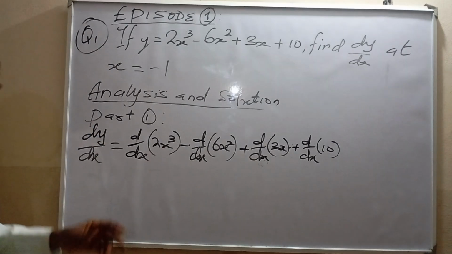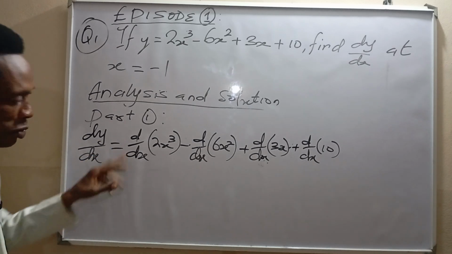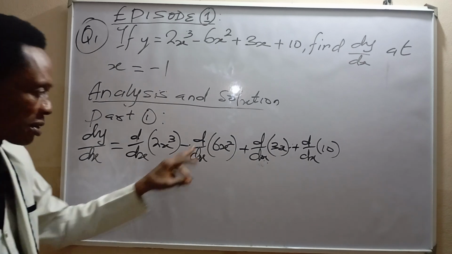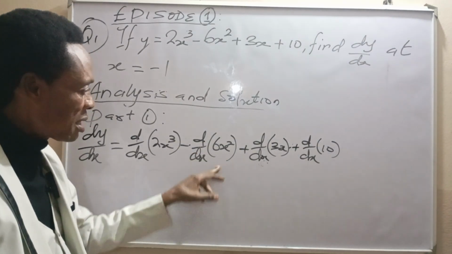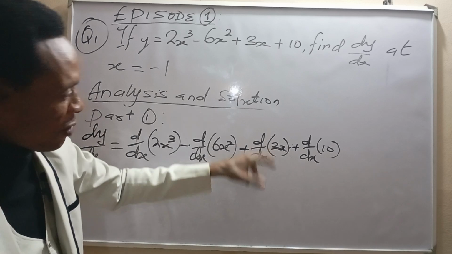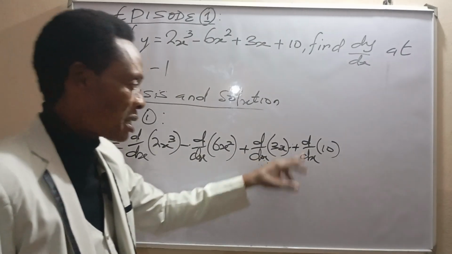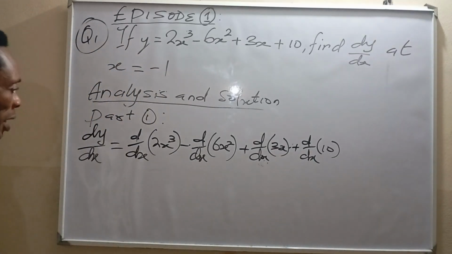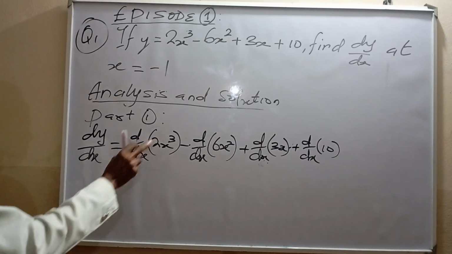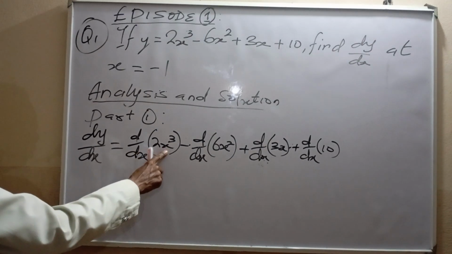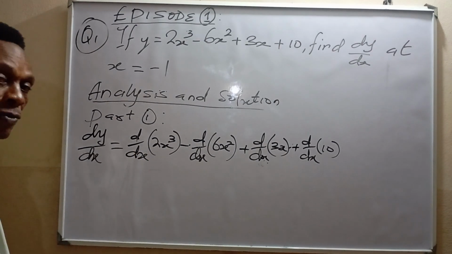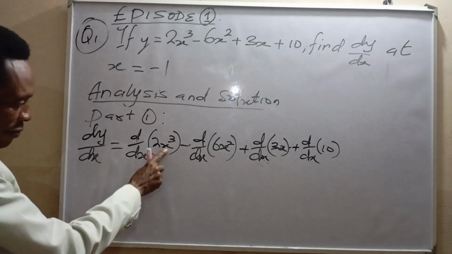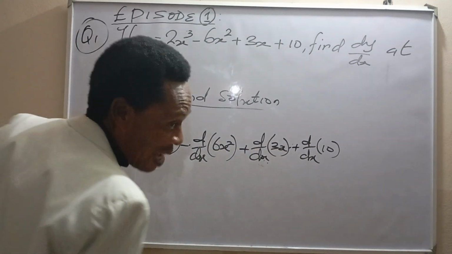You will say dy/dx equals d/dx of 2x cubed minus d/dx of 6x squared plus d/dx of 3x plus d/dx of 10. You are differentiating the variable, not the constant. That is x.